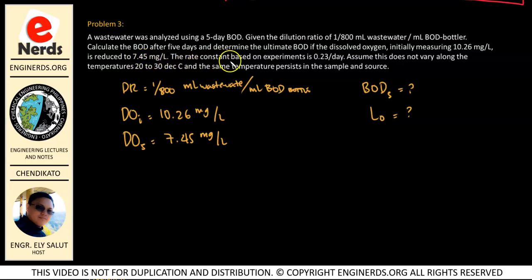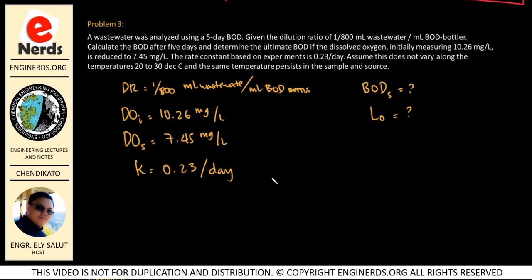So, the rate constant based on the experiment is 0.23 per day. Okay? So, our rate constant, K, is 0.23 per day. Assume this does not vary along the temperatures 20 to 30 degree Celsius and the same temperature persists in the sample and source.